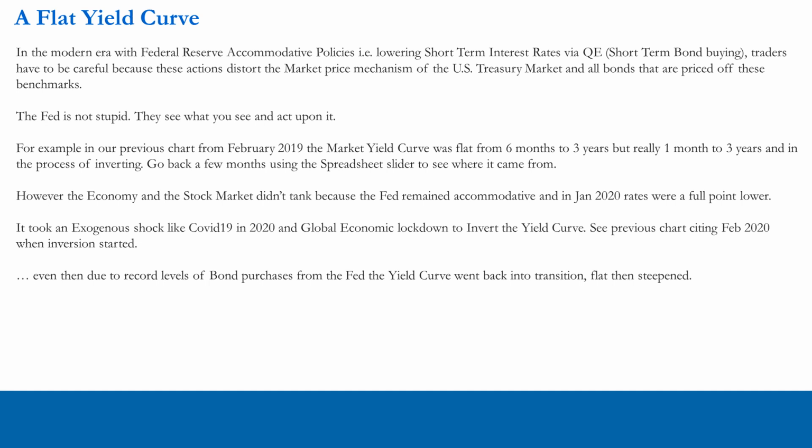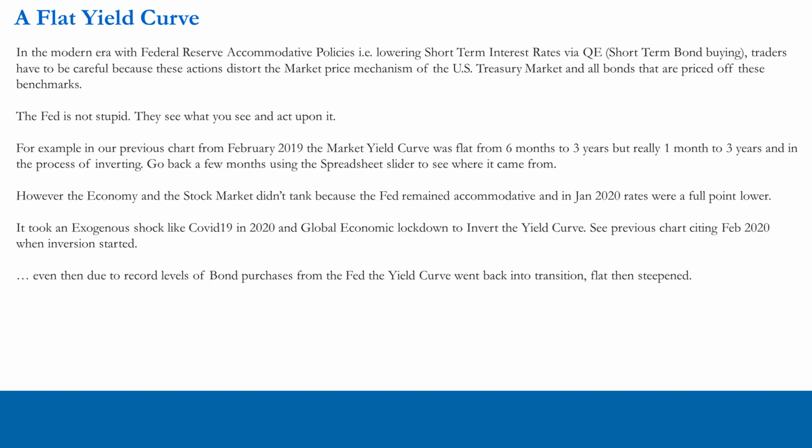So, for example, in the previous chart that we looked at, when we looked at the line for February 2019, the market yield curve was flat from 6 months to 3 years. But really, it was 1 month to 3 years and in the process of inverting. You should use the spreadsheet and go back a few months using the slider and see where it came from.